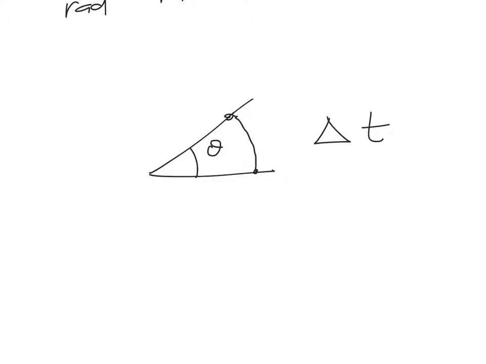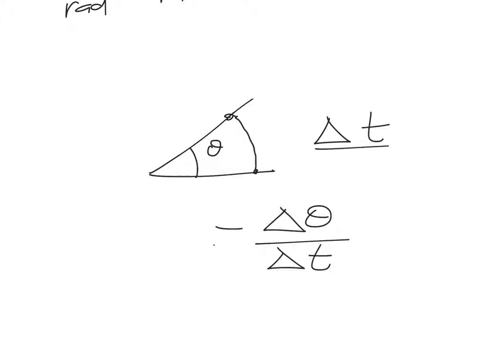So its linear displacement would be like a delta s, but we want its angular displacement. So we'll say that its change in position, angularly speaking, was delta theta, and we're going to divide that by how much time it took, delta theta over delta time, position versus time. And that's how fast it was moving.